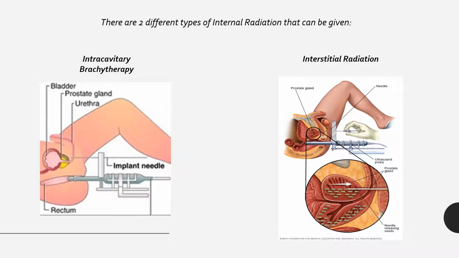Here, as you can see, there are two different types of internal radiation that can be given. The image on the left is intracavitary brachytherapy. The radioactive source is placed in a body cavity, such as the rectum or the uterus.